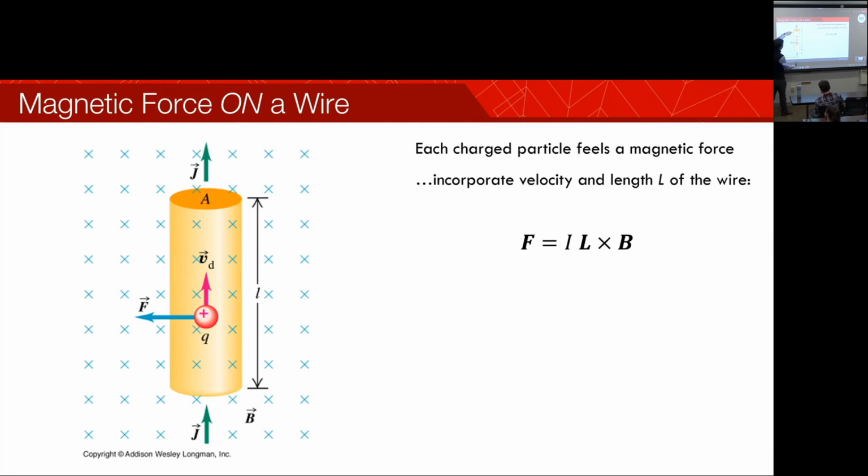So this whole wire is going to move, because assuming that the wire is a rigid wire and it can't bend, it's just going to move. This whole wire is going to have a force and it's going to want to move this way. Any questions so far?